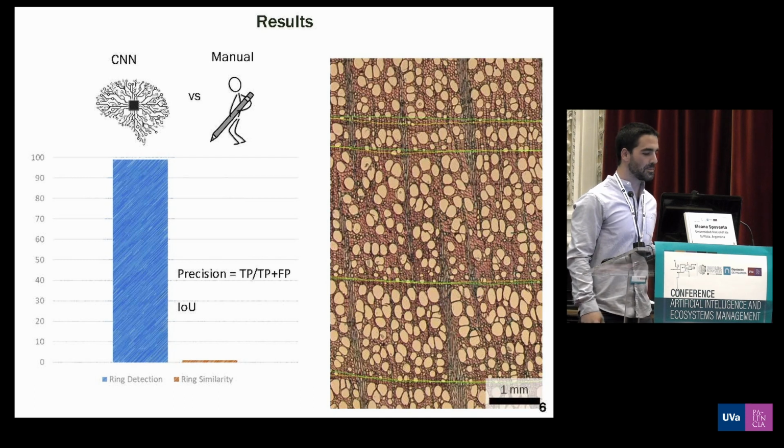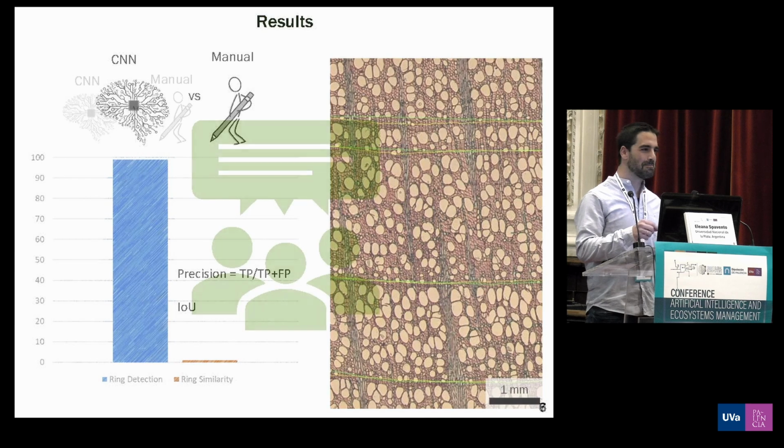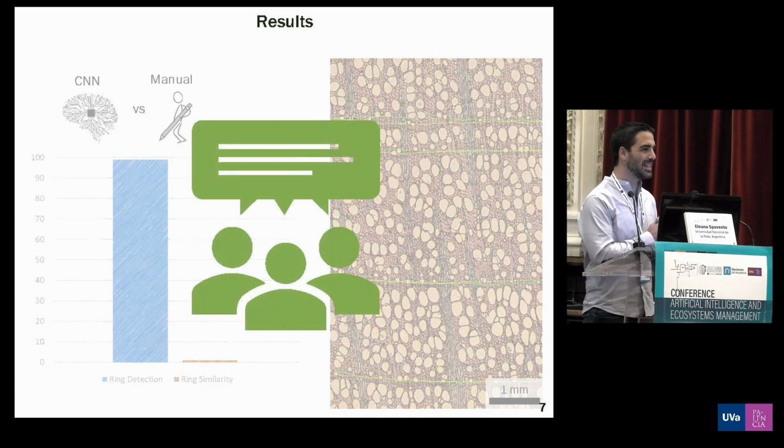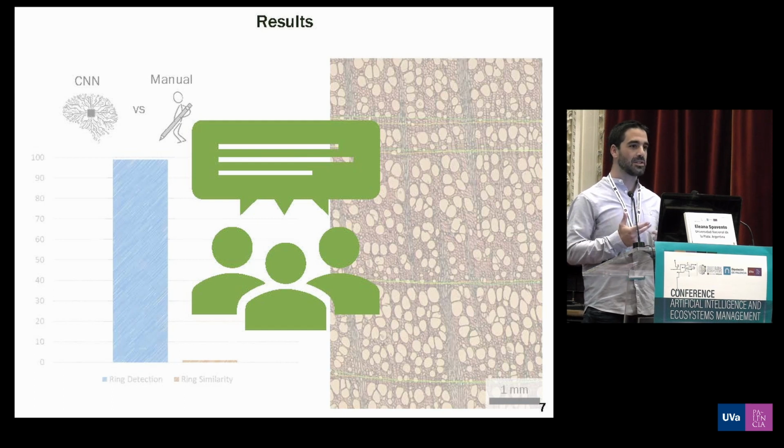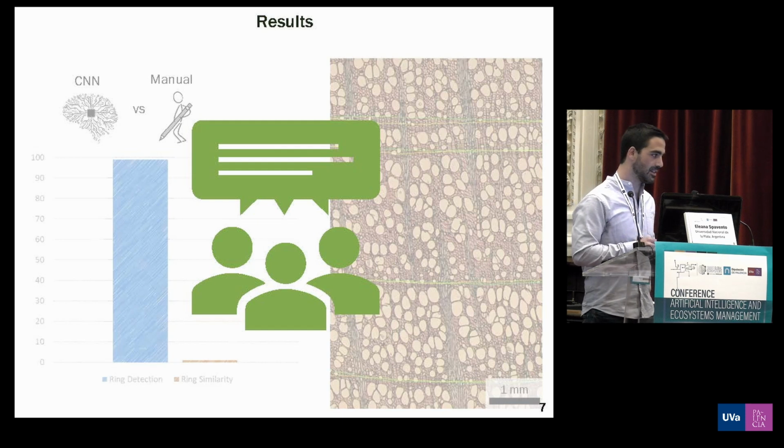And why? That was the hardest question that we had to answer in this paper. Maybe the ways to evaluate these deep learning segmentation methods are not accurate for this field.